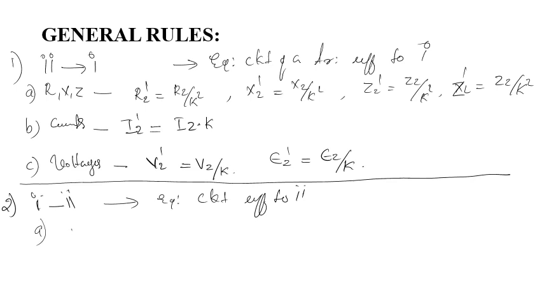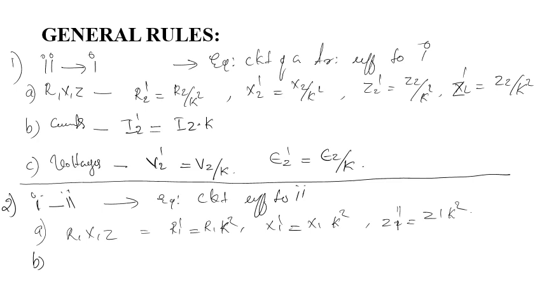If we transfer the resistance, reactance, and impedance, we have to multiply it by k square. That is, R1 dash will be equal to R1 into k square. And similarly, X1 dash will be equal to X1 into k square, and Z1 dash will be equal to Z1 into k square. No need for any load impedance. Load is connected at the secondary side.